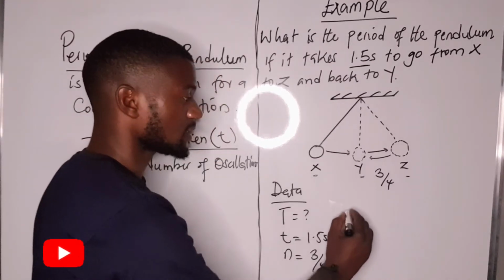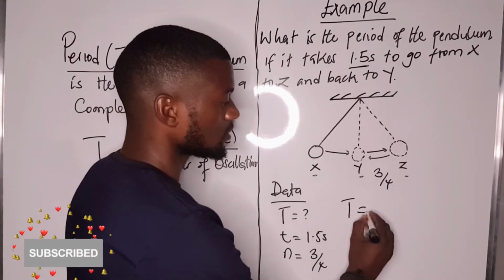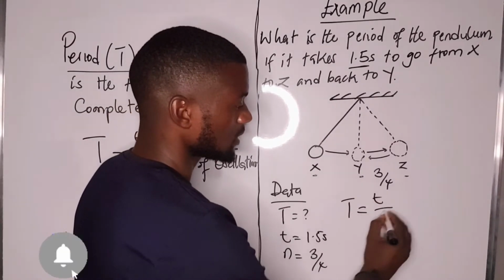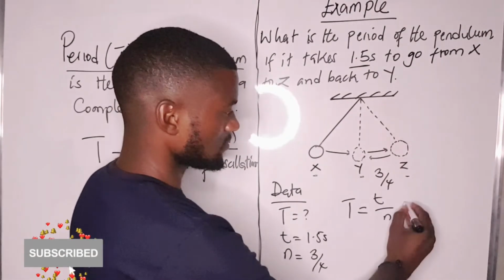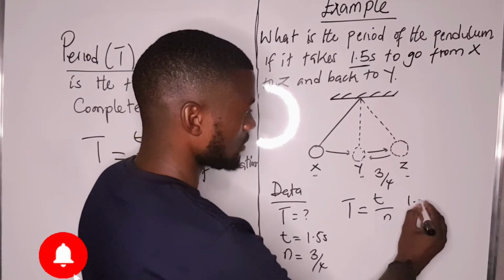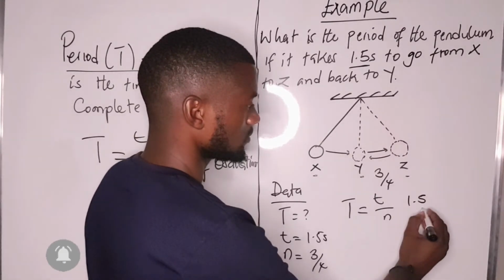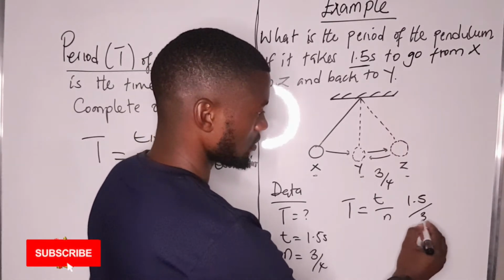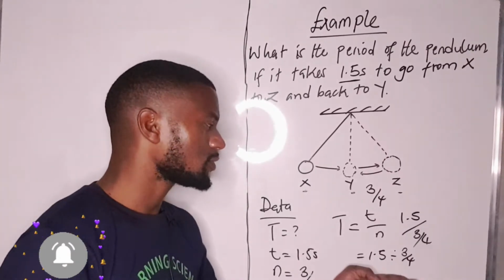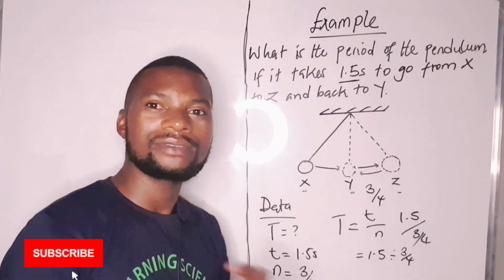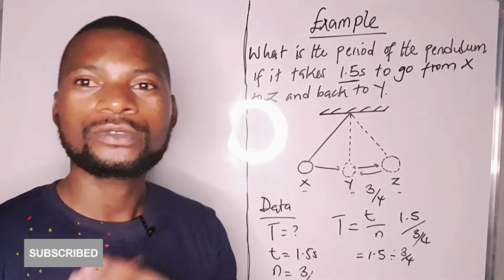So the period is equal to time taken divided by n, which is 1.5 divided by 3/4. If you're using the calculator here, it is very easy for you to find the answer.